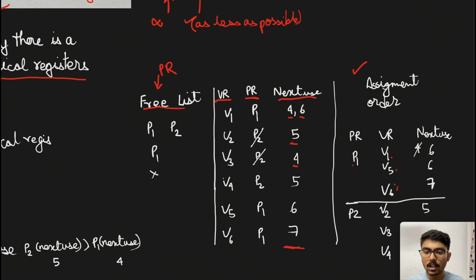So this order has to be kept track of, right? So this tracking of assignment is the assignment order, and correspondingly you can write the next use so that we have a track of the next time the physical register will be needed in execution.